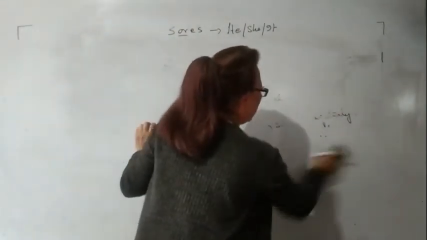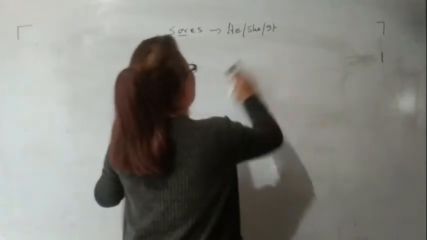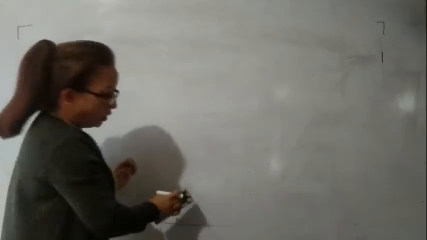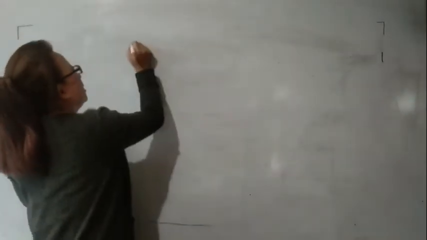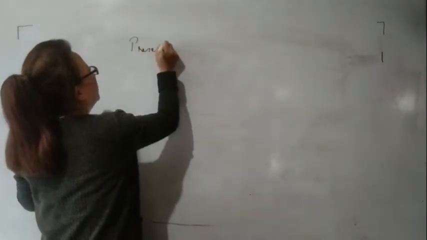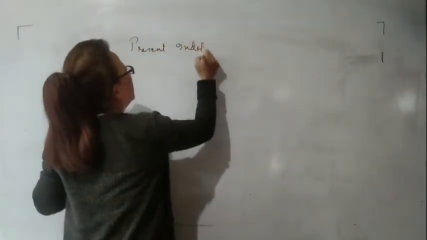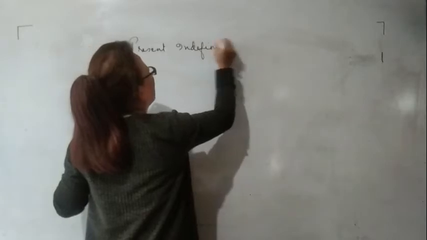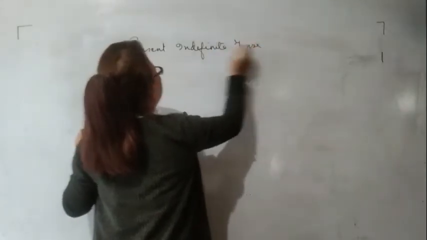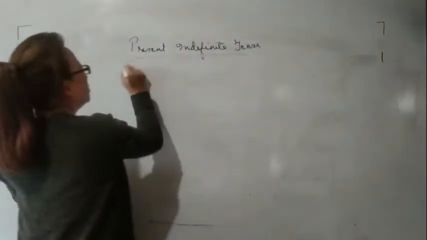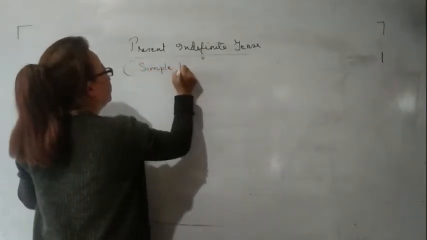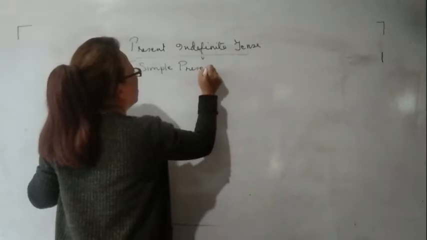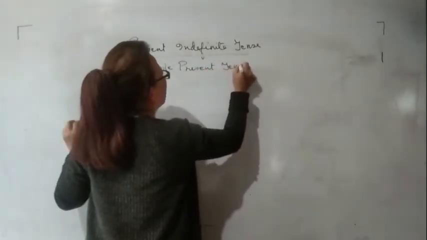So you may find some difficulty in the uses of S or ES when it comes to present definite tense sentences. Present indefinite tense is also called simple present tense.